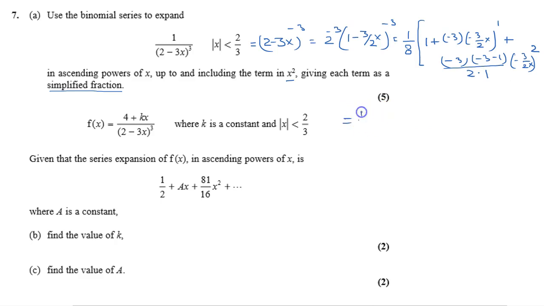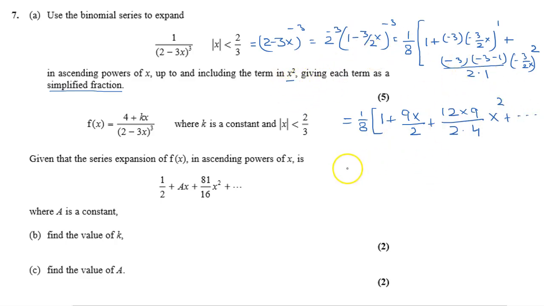So this is equal to 1 over 8, 1 minus minus plus 3 times 3 is 9 x over 2, minus 3 square is plus, this is minus 4 and minus minus plus 4 times 3 is 12, 3 square is 9, 2 square is 4 and 2 is 2 x square.